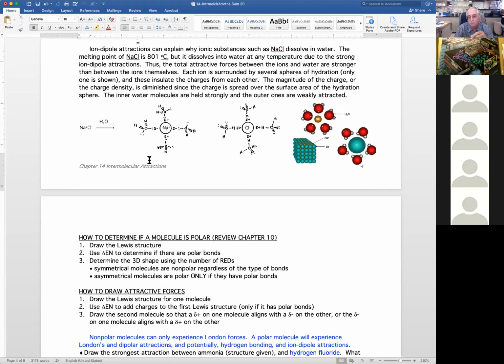And what you're really doing is you're making the positive charge and the negative charge so weak that they're not even attracted to each other anymore. So you've broken the ionic bond. So what we're saying really is that the attractions between water and the sodium, between water and the chloride, are stronger than the attractions between the sodium and the chloride itself.